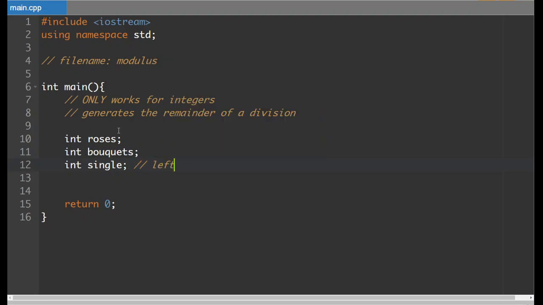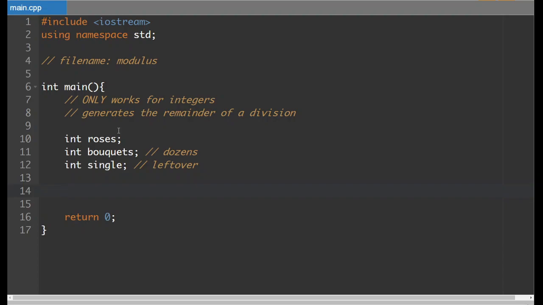So this will kind of represent the leftover. So what we're going to do is we're going to take the amount of roses. We're going to find out how many bouquets we're going to have. So this is going to be dozens of roses.